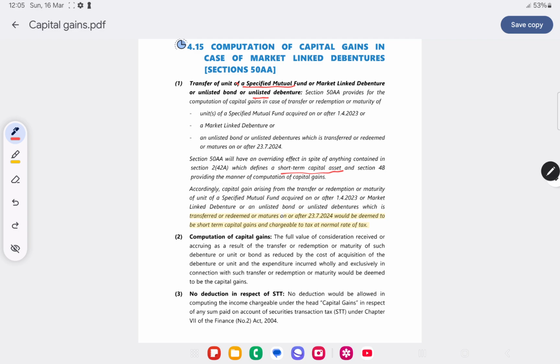Units of a specified mutual fund acquired on or after 1st April 2023 and unlisted bonds or debentures transferred after 23rd July 2024 will always be short term capital asset and will be chargeable to tax at normal rates.